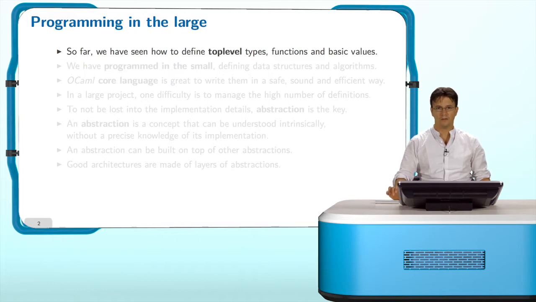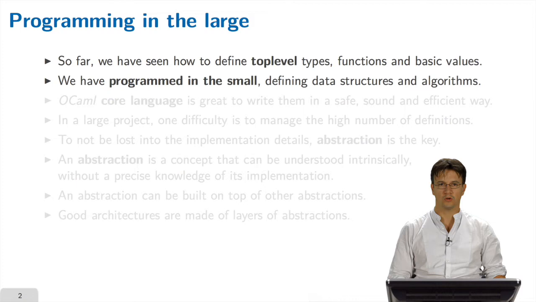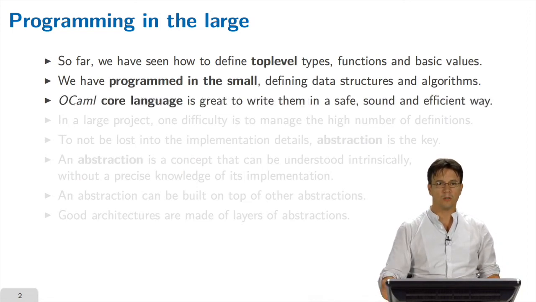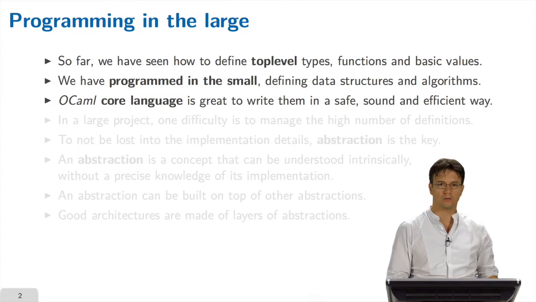So what we have done is to program in the small, which means that we have defined very fine data structures and algorithms. And what we have seen is that the core language of OCaml is great to write these data structures and algorithms in a safe, sound, and efficient way.